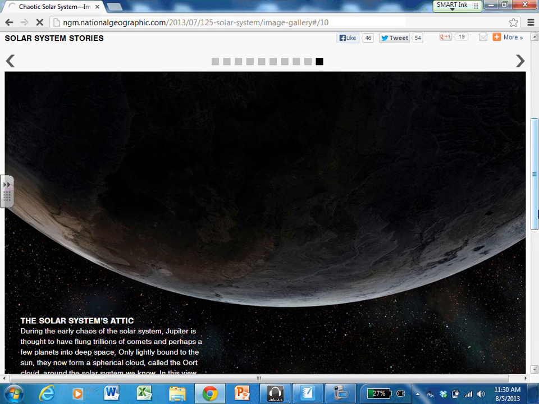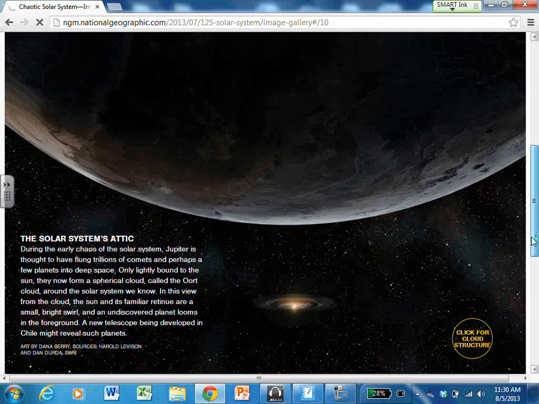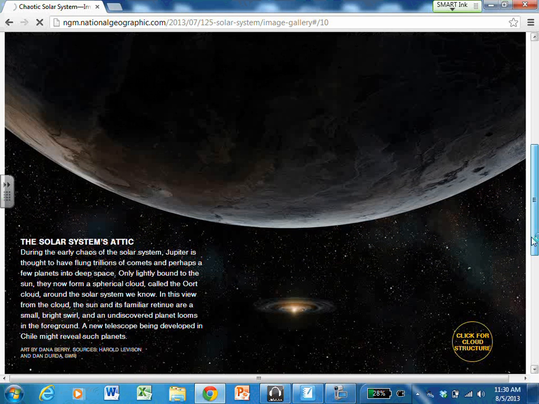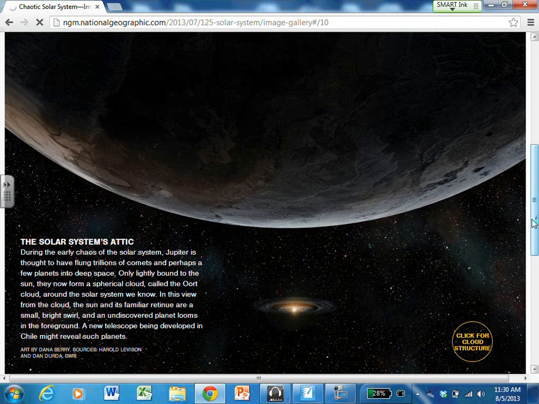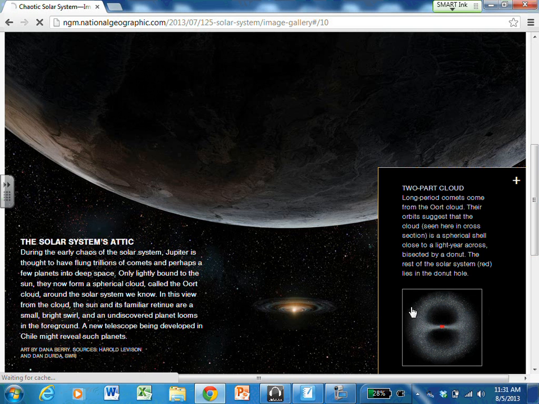It's where we see our solar system, but there may be large, giant other structures out in the cloud around it. So in this cloud structure here, it's called the Oort cloud. The illustration suggests the cloud seen here in cross-section is a spherical shell close to a light year across.